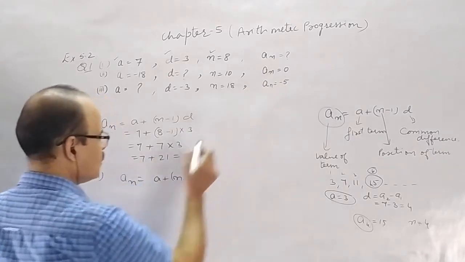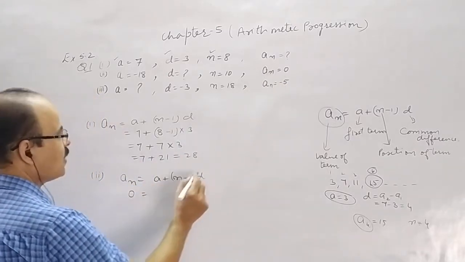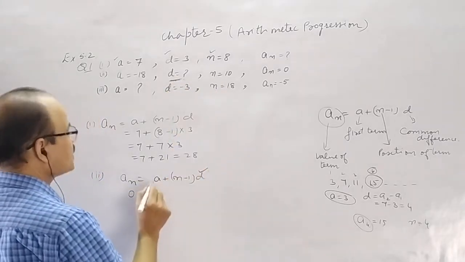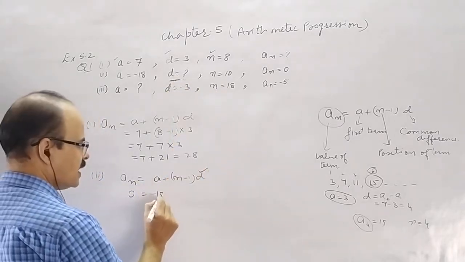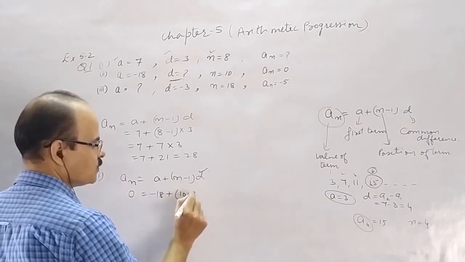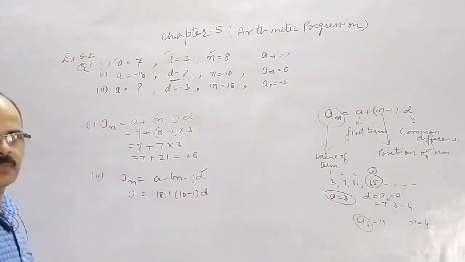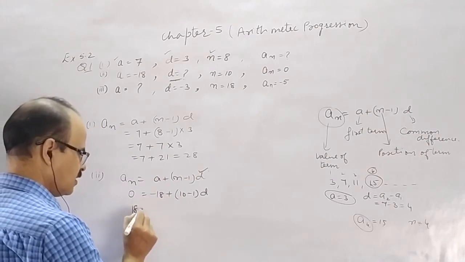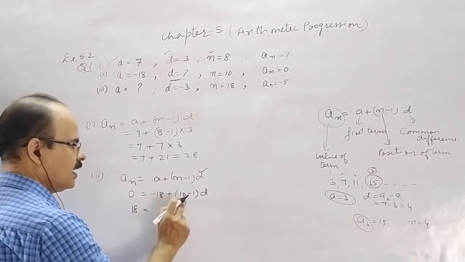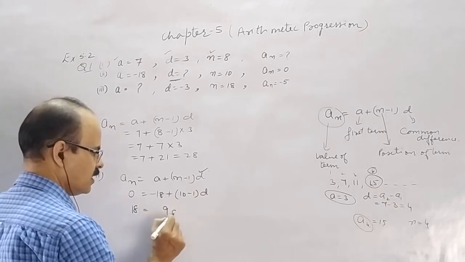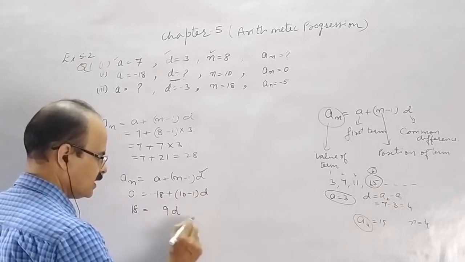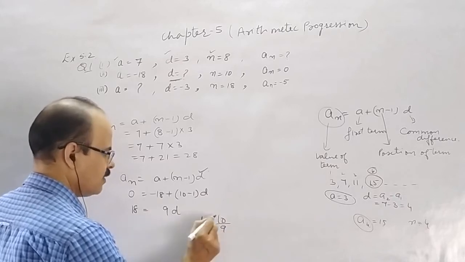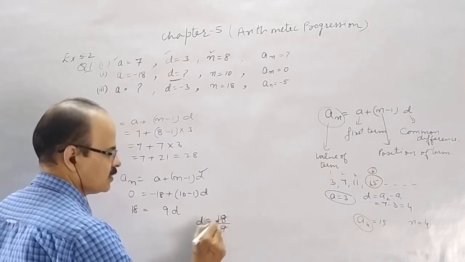An is given 0 in this case, and you have to find D. N is given 10, A is given minus 18, plus (10 minus 1) into D. Take this 18 to the left side, it will become positive, and 10 minus 1 will give you 9D. So you can calculate D from here. D will be 18 by 9, so you will get 2 here.